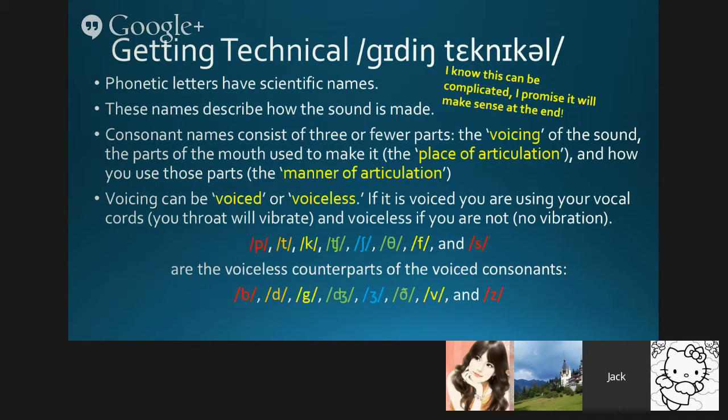T, voiceless. D, voiced. K, G, Ch, J, Sh, Zh, F, V, and S, Z. You can feel when you make them that in one, your throat will be still. S. In the other, your throat will vibrate. Z.